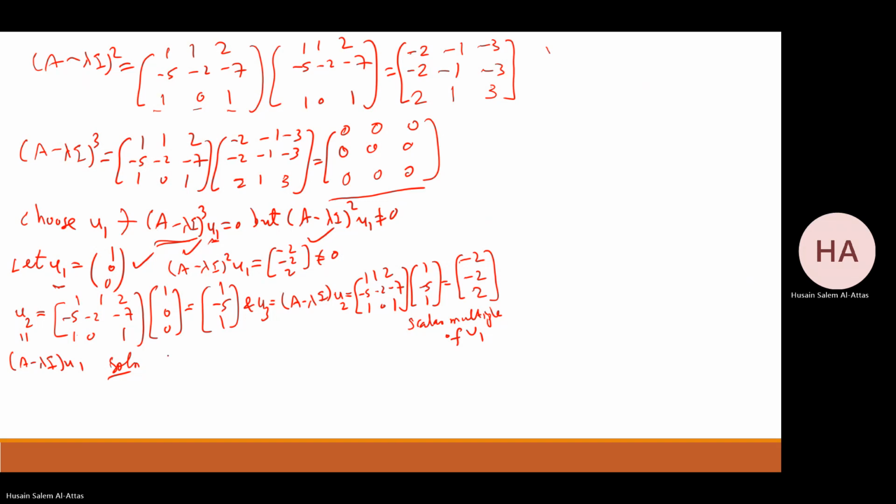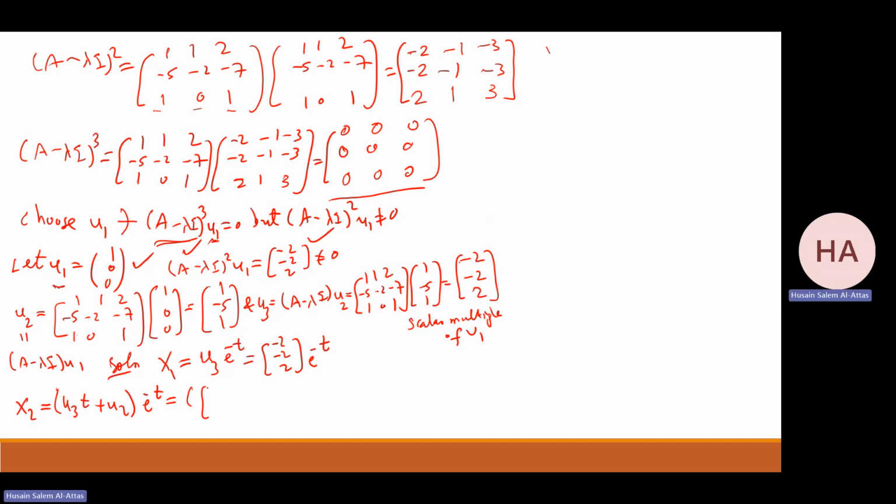I have x1 is U3 e to the minus t. What is U3? It is minus 2, minus 2, 2, times e to the minus t. X2 will be U3 t plus U2, e to the minus t. What is U3? U3 is minus 2 minus 2, 2. Don't forget to have t here. U2 is 1 minus 5, 1, times e to the minus t.